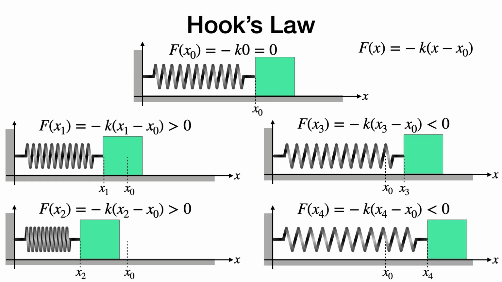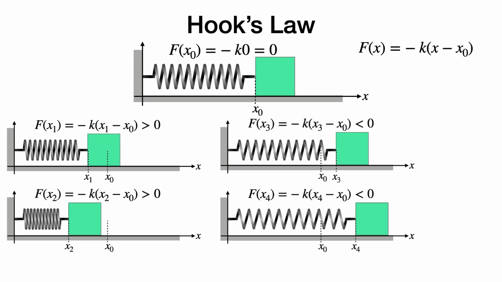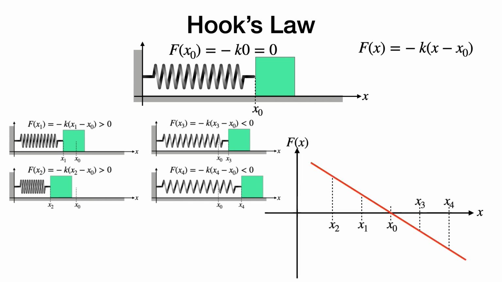And if we extend it out even further to a larger displacement of x4, we get an even larger negative force. We can plot all of these in a diagram of force versus position, and what we find is that Hooke's law gives us a straight line passing through the equilibrium position, and the slope of this line is minus k.